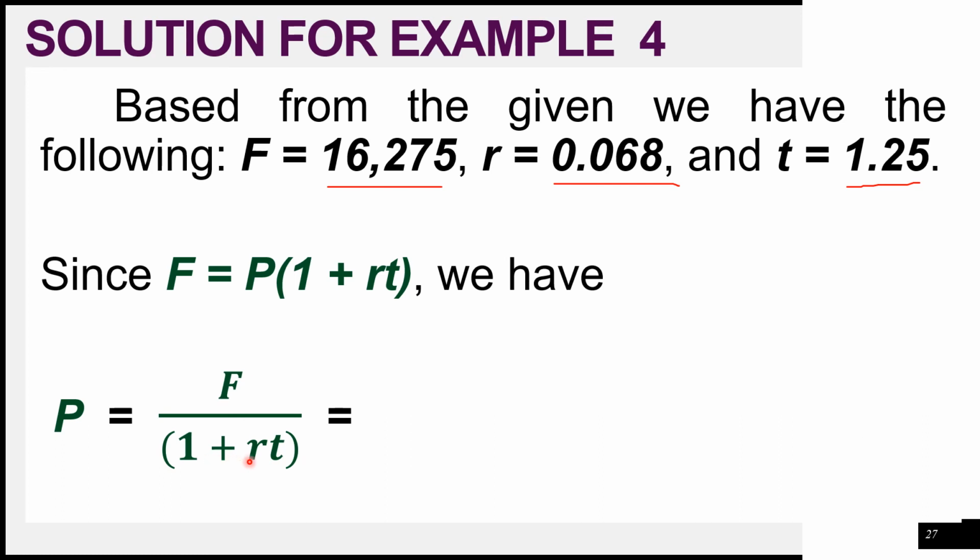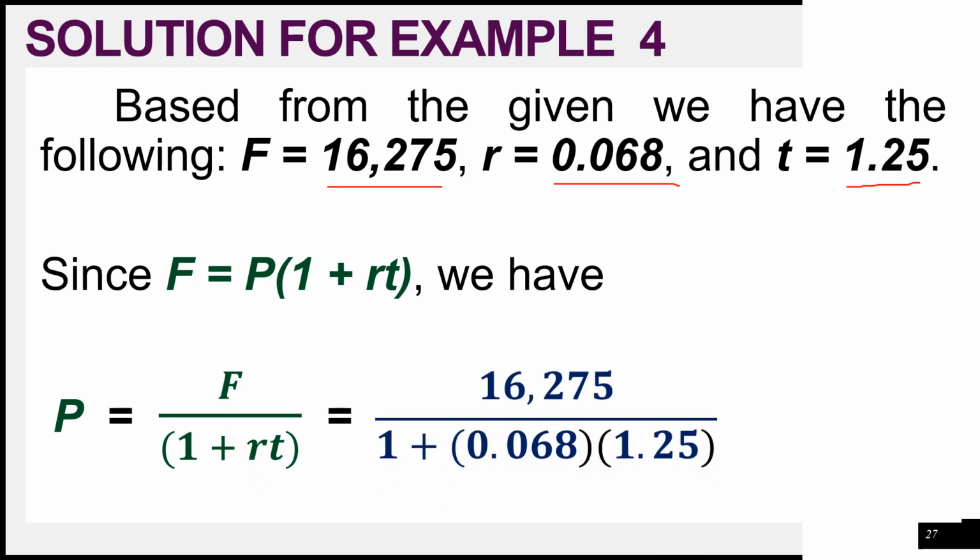Now, substituting the values of F, R, and T, we have F is 16,275 divided by 1 plus 0.068 times 1.25. In solving, we are going to multiply first the rate and the term, and whatever the product is, we are going to add it to 1.